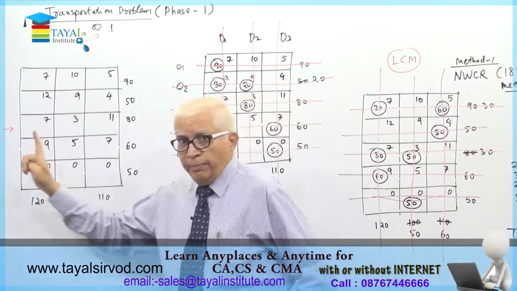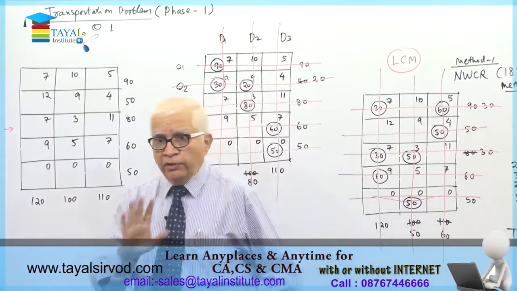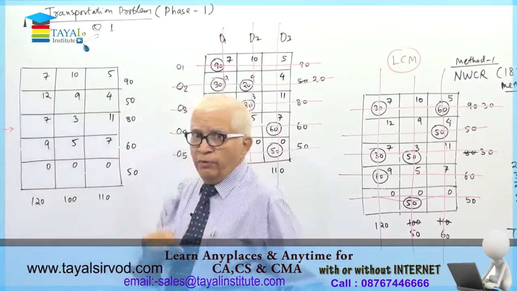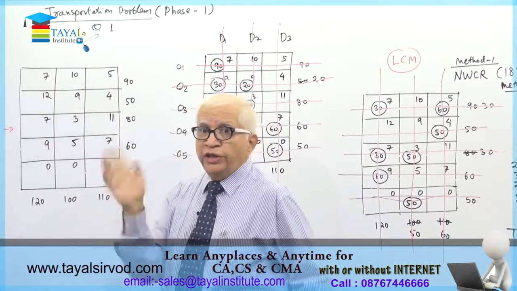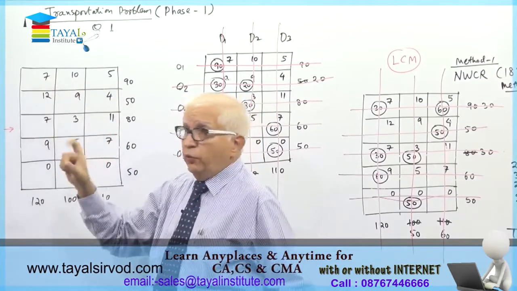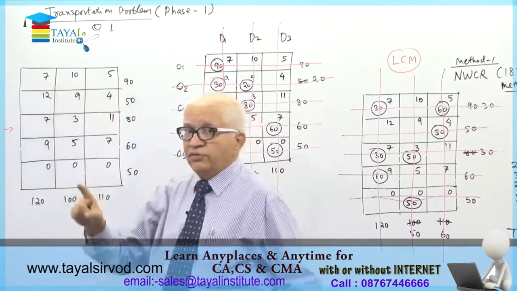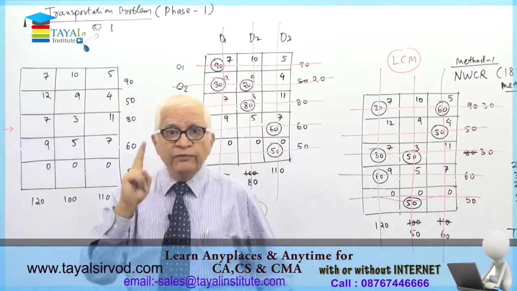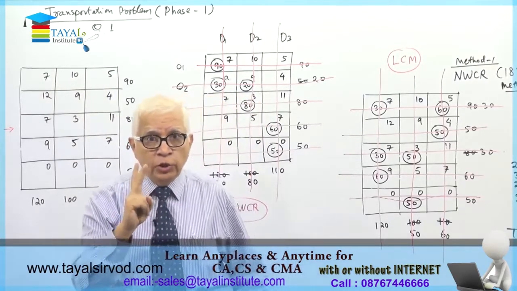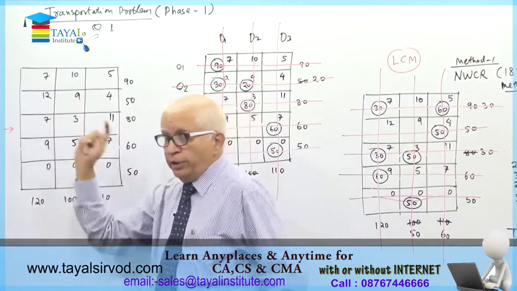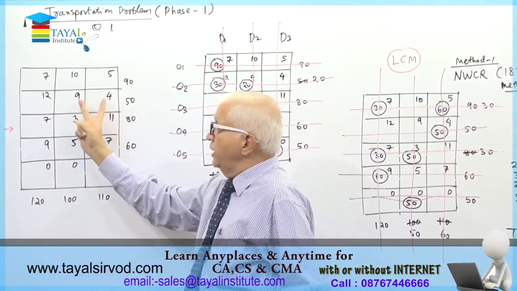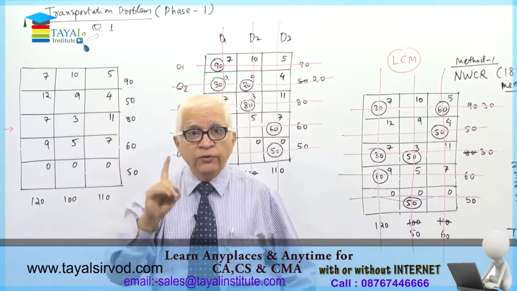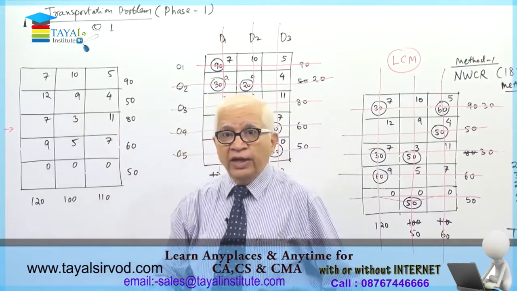In other words, how is the penalty for each row and column calculated? Look at row number 1. The least cost is 5, the next least cost is 7. The difference is 7 minus 5, 2. So the penalty for row number 1 is 2. Row number 2: lowest cost is 4, next lowest is 9, difference is 5, so the penalty is 5.